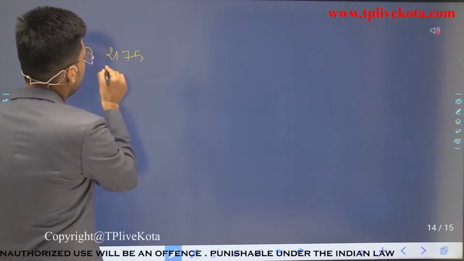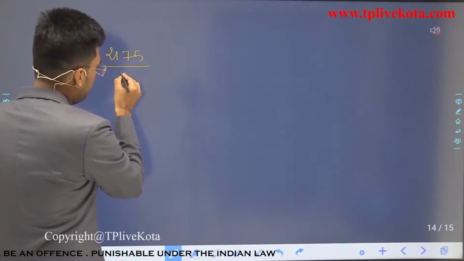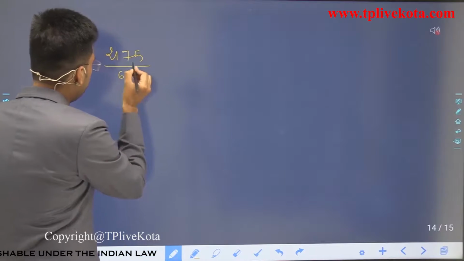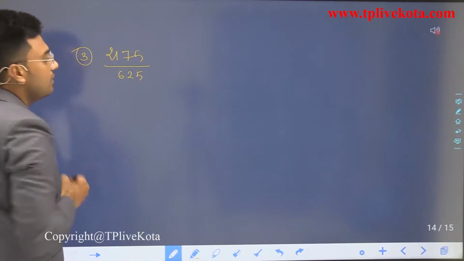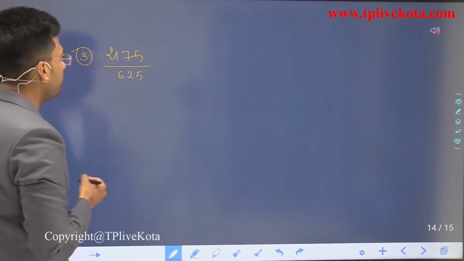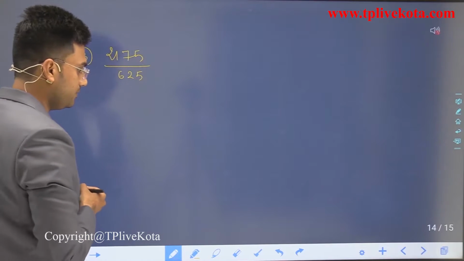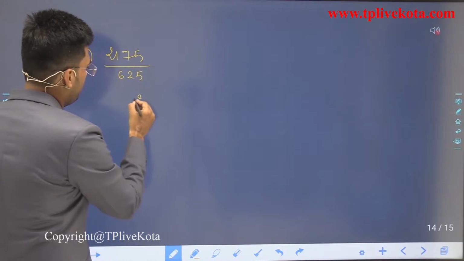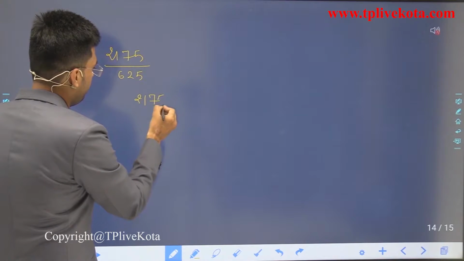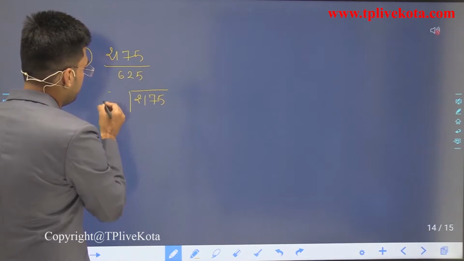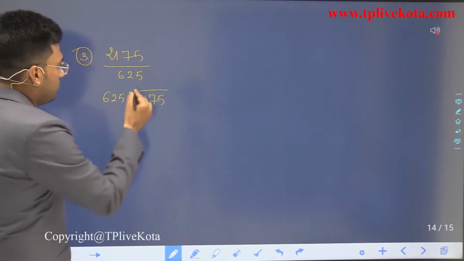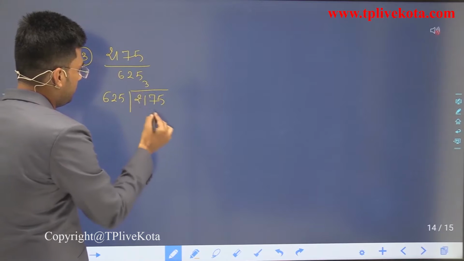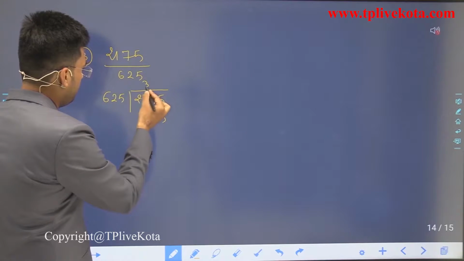Okay, 2175 divided by 625. This is our next example, example 3. Again, divide 2175 by 625. This goes 3 times, 3 times 625 is 1875.